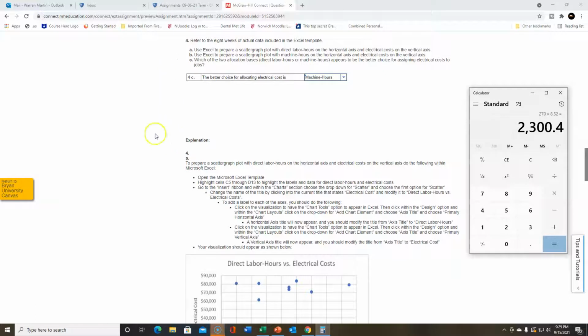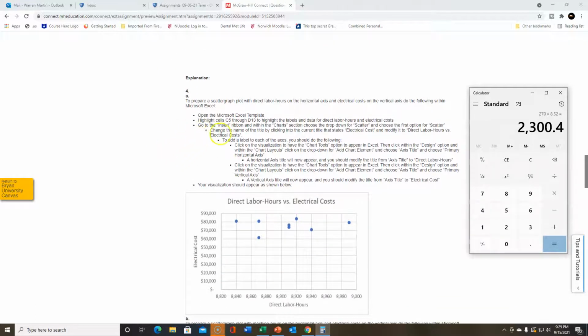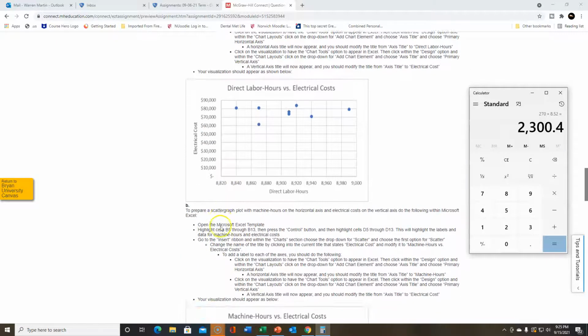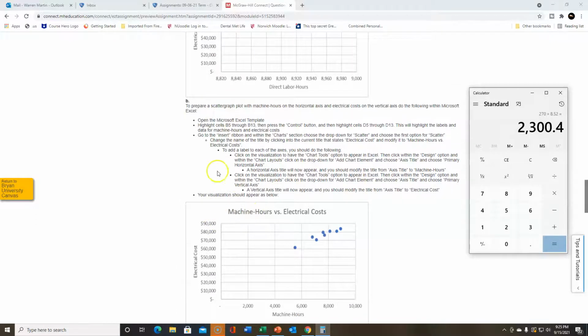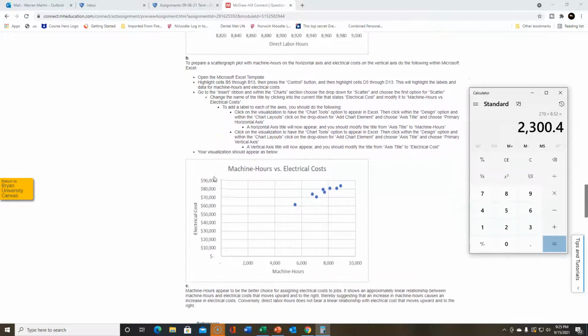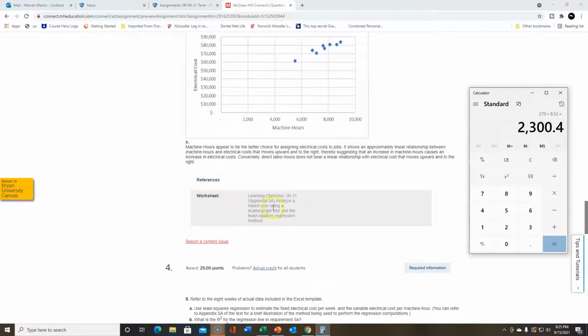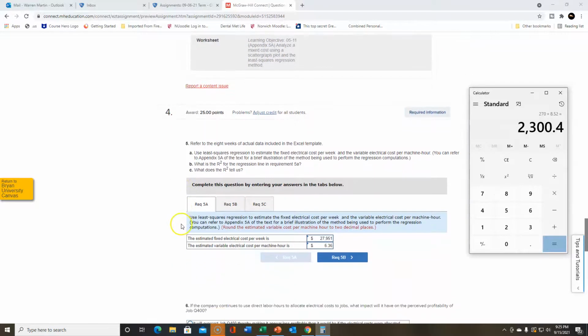Either way, this is pretty much how it's all explained. Right here is the example, just following these instructions. Then down to the next part, same thing, and again it gives you the reference.